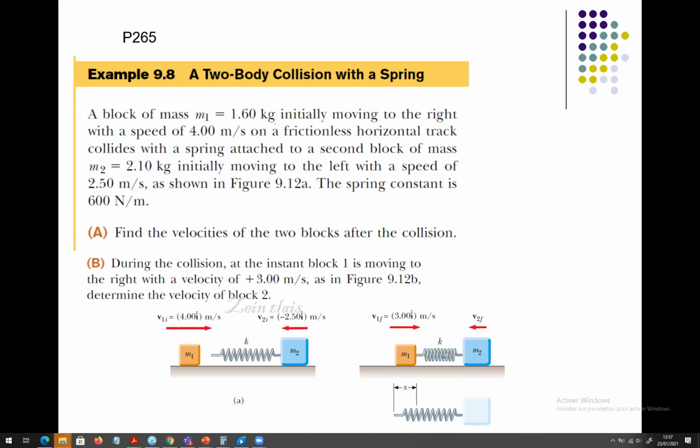We don't have the maximum here. In this case, we don't have maximum compression, okay? When V1 is 3 m/s, I need to calculate V2. Okay, it's clear. Now I am talking about the case of during the collision.